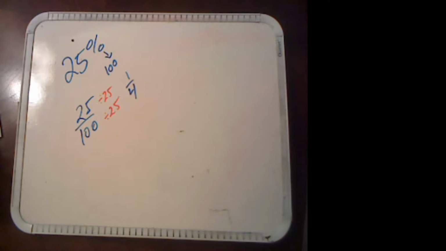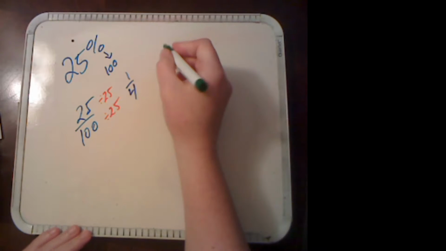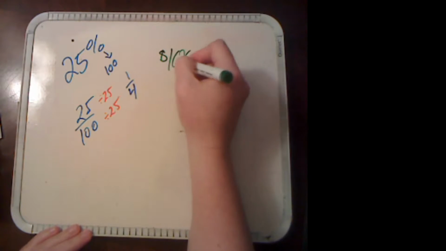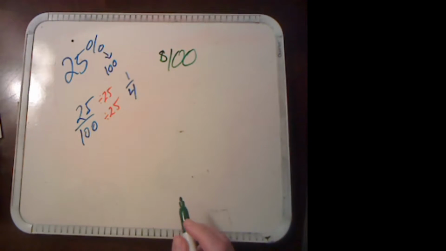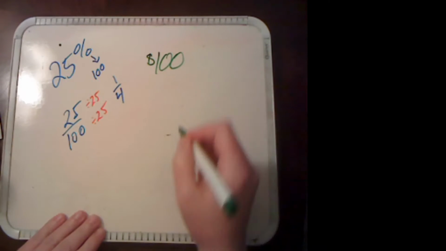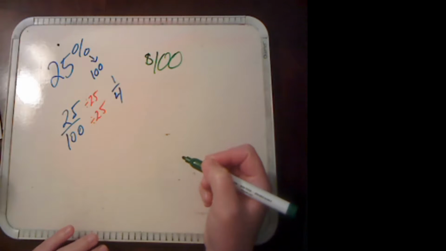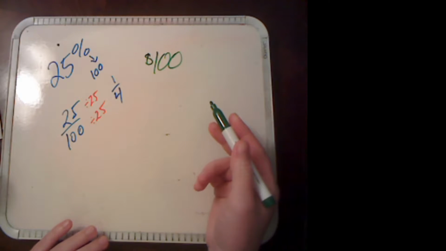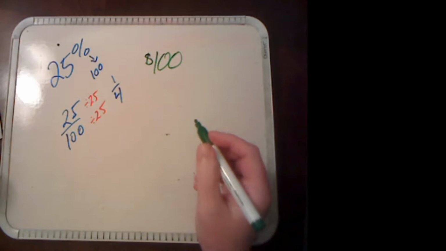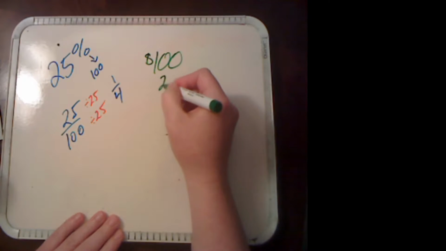So let's talk about what that means. If you have something that is worth, let's say, $100, and you want to take 25% off, that means you're going to find 25% of 100, and we've already figured out that 25% would be $25.